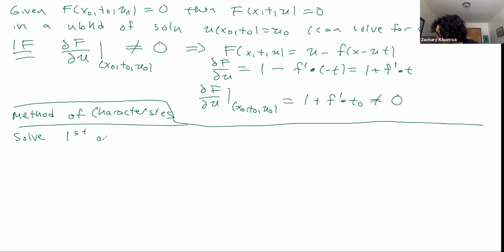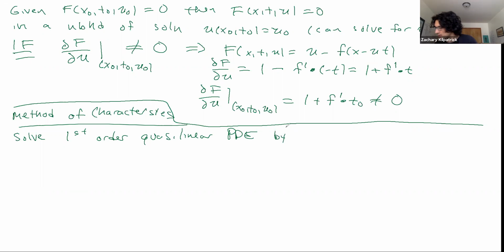can solve first order quasi-linear PDE, okay, where the nonlinearities are just going to be in the low order terms like u, okay?